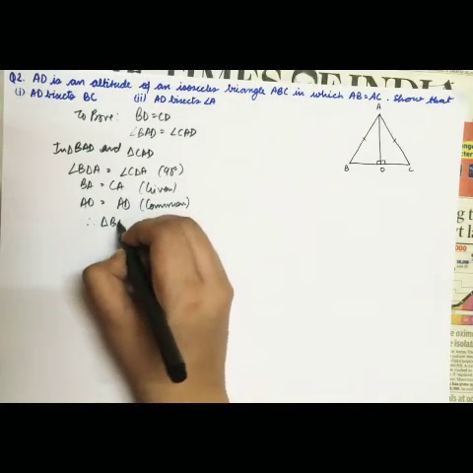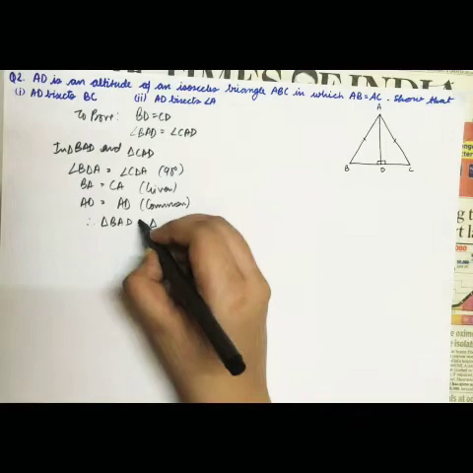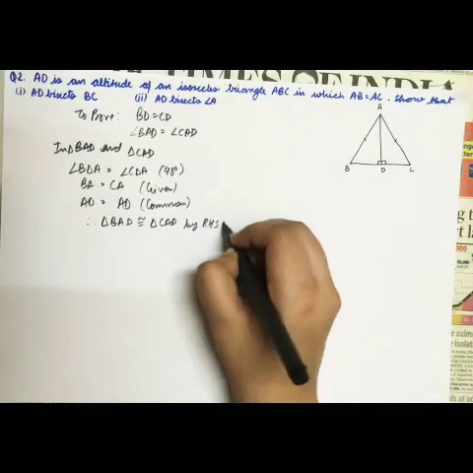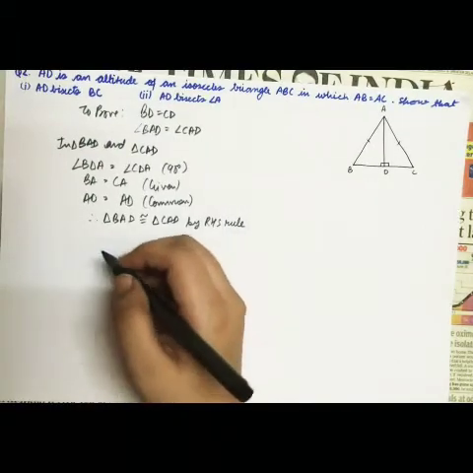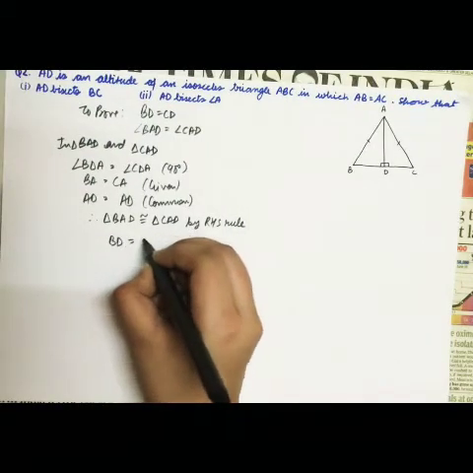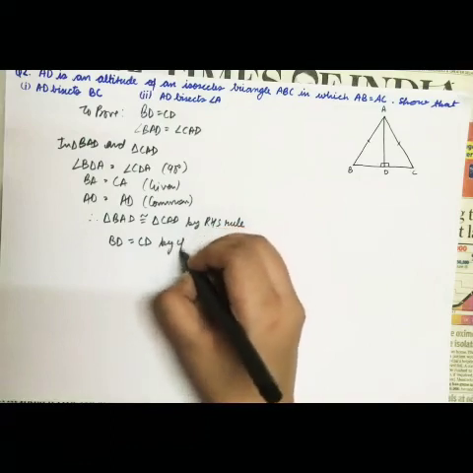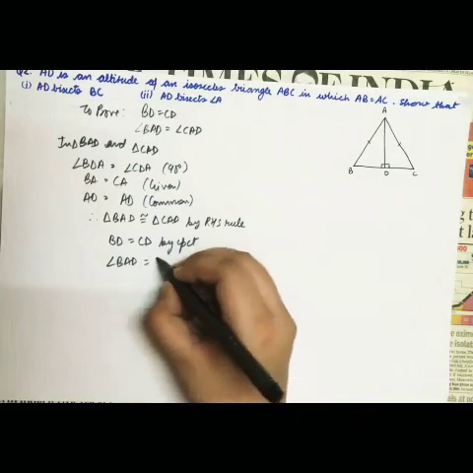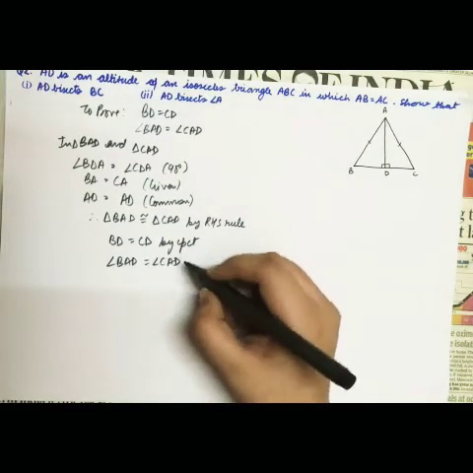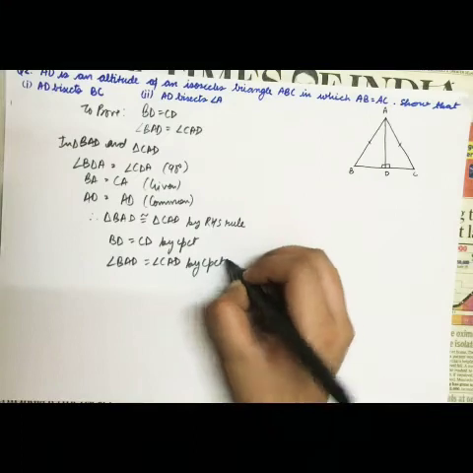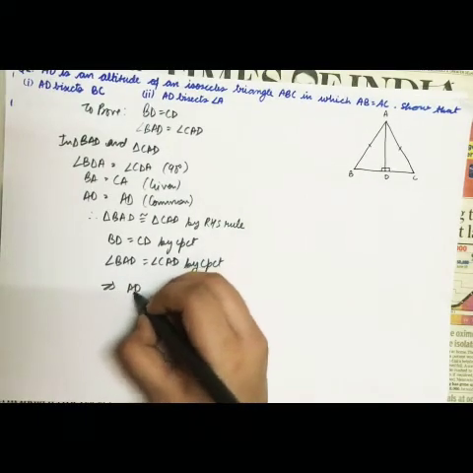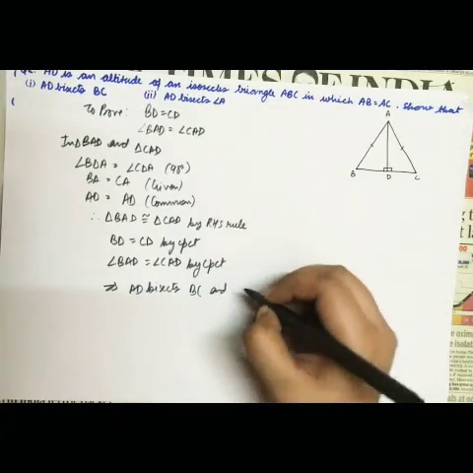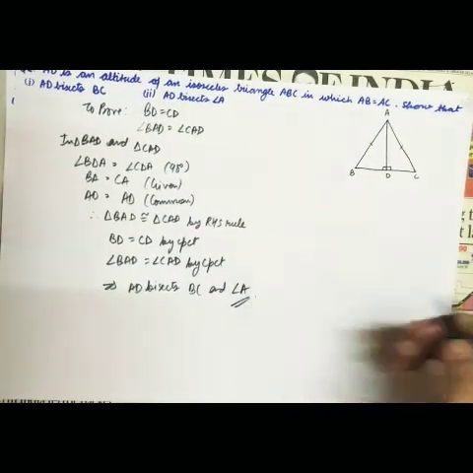Therefore triangle BAD is congruent to triangle CAD by RHS rule. So we can say that BD is equal to CD by CPCT, and angle BAD is equal to angle CAD by CPCT, which means AD bisects BC and angle A, hence proved.